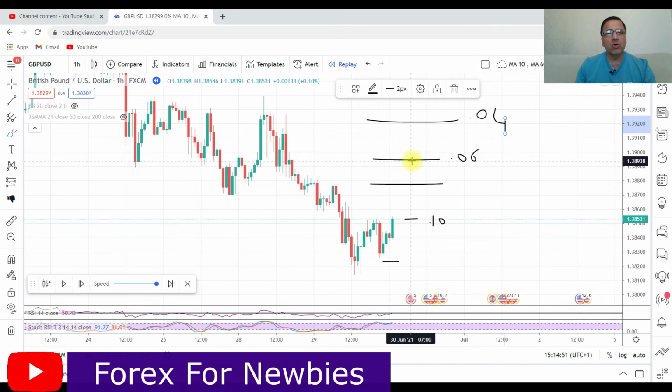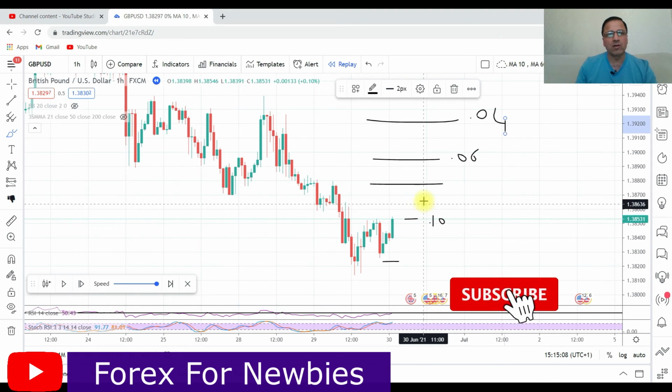Now if my second TP also hits, that's fine, but if these 2 TPs don't hit and it comes back and hits my break even stop loss, I have earned some profit with the first trade, and the other 2 trades are closed at break even, no profit no loss, so I have earned money.